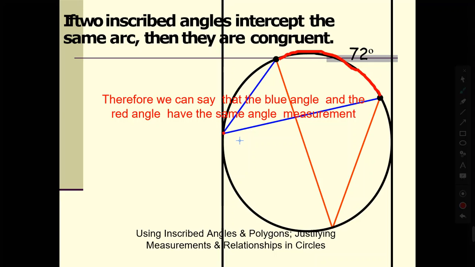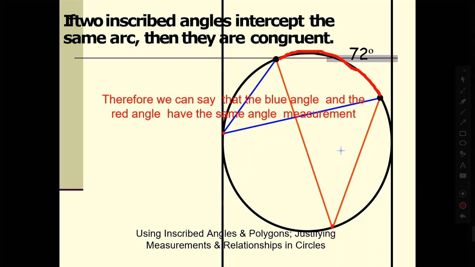Yes, it is, because the vertex is on the circle. So this blue angle is called an inscribed angle. Similarly, this red one also has its vertex on the circle, so it is also an inscribed angle.